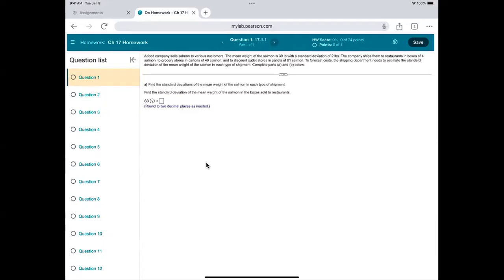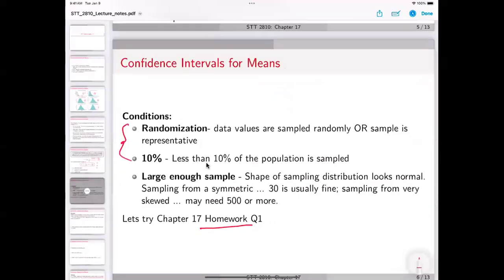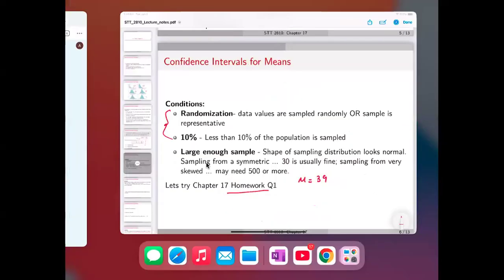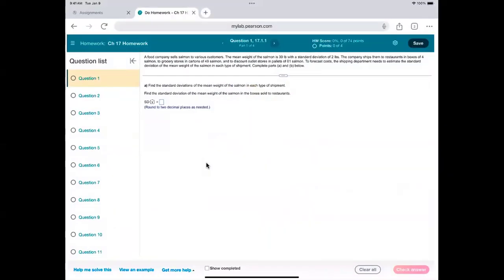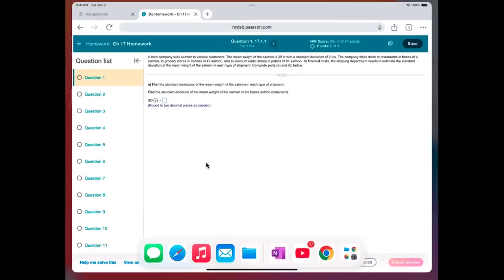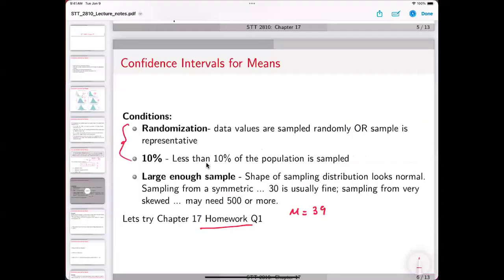So let's write that. We have the mean to be 39, with a standard deviation of 2 pounds. So you have also been given the population standard deviation, which is equal to 2.